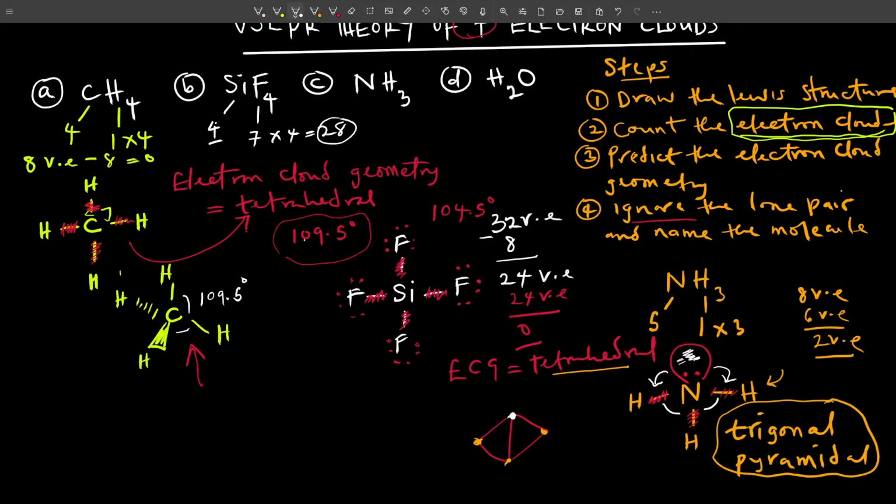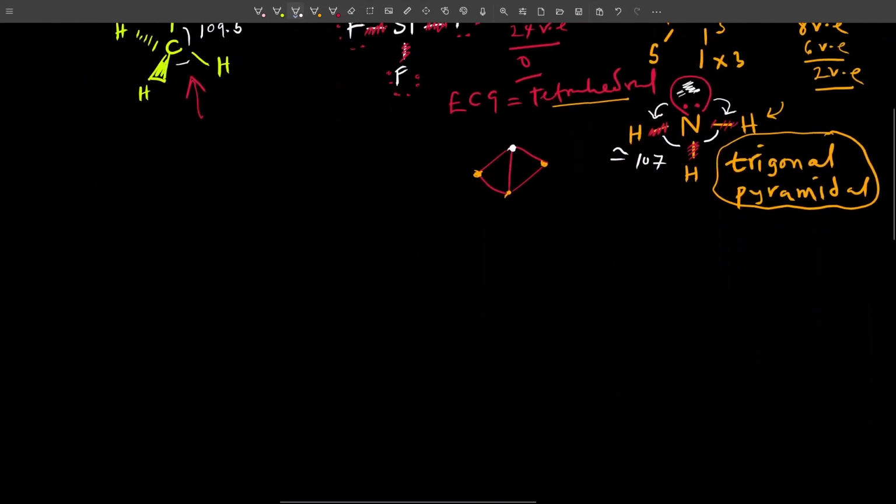Bond angle used to be around this, so it's going to be reduced to something lesser than this, something around 107 approximately. I'm not really giving you the exact value, something around 107 degrees, making the angle between the electron clouds smaller.